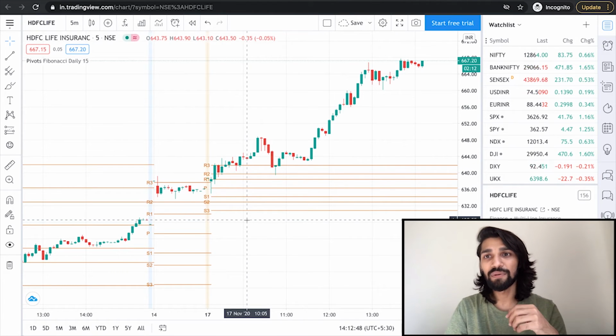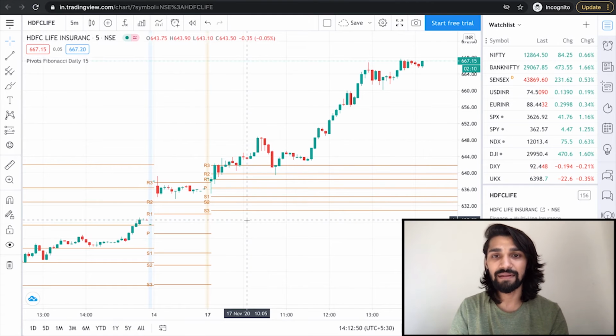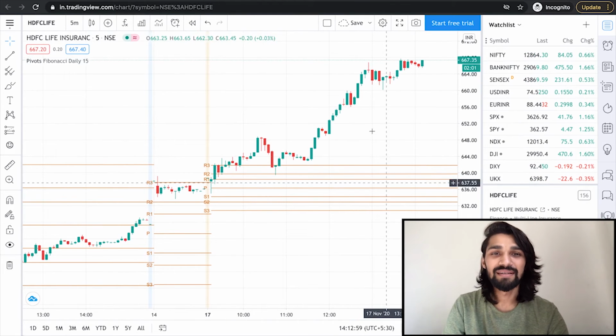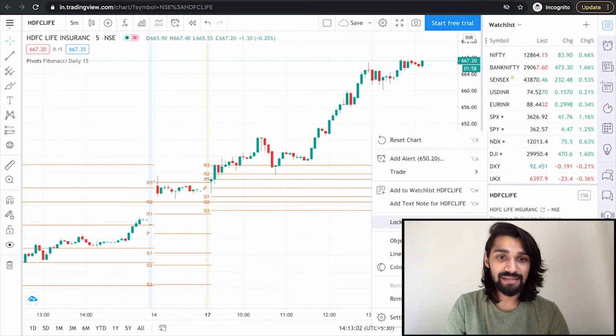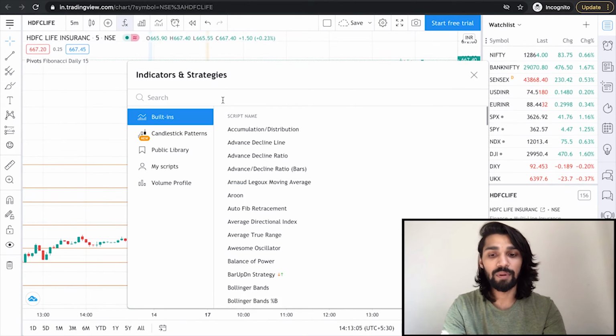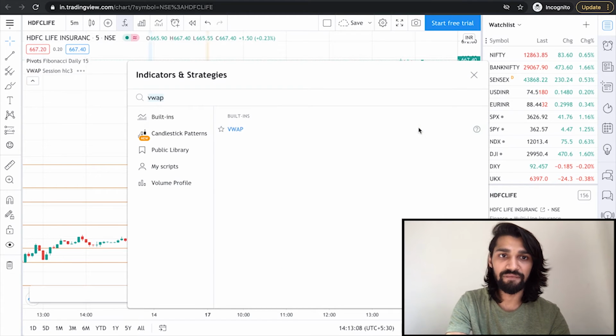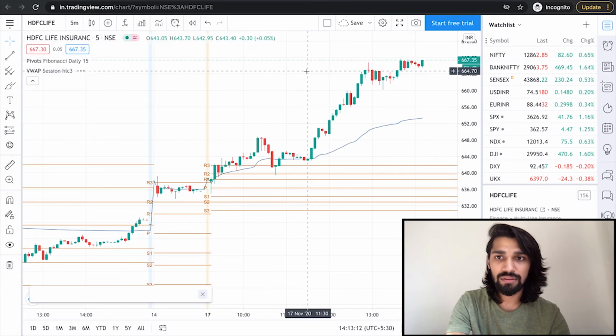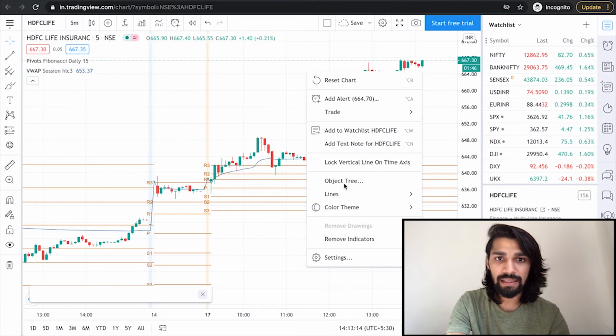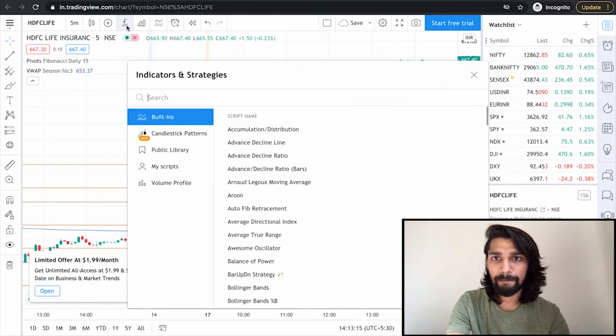So we will be using a combination of these three indicators together. The first one would be pivot. The second one we'll be using would be the one which we discussed, VWAP, volume weighted average price. And the third one would be stochastic RSI.